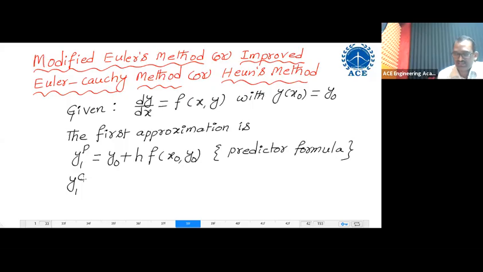y1 power C. C means correction. Correction means already predicted value should be corrected again to get more and more accurate answer.